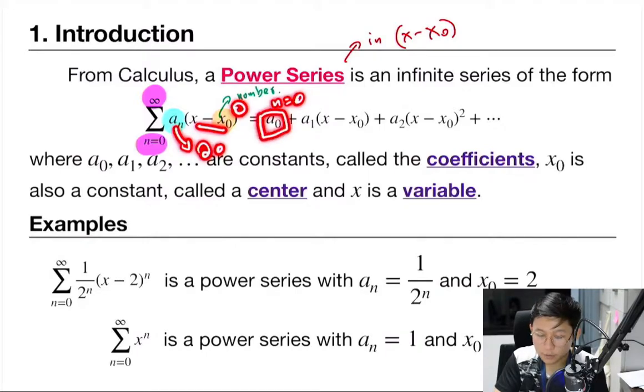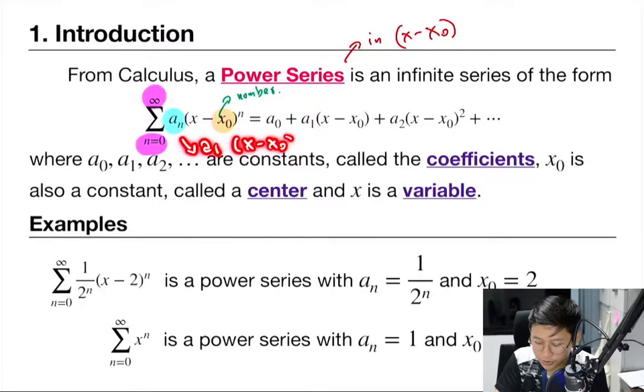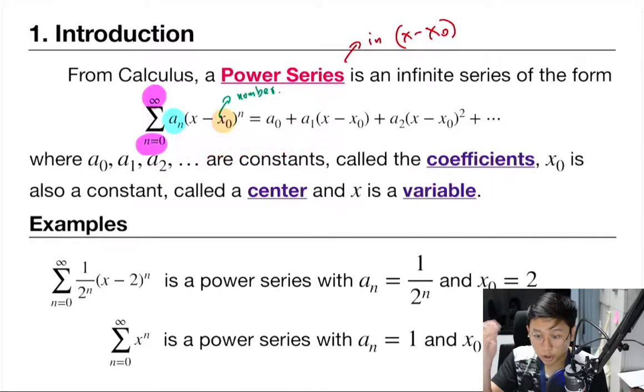That's why you have only a0 here. And when n is 1, you get a1 times (x minus x0) to the 1, which is this term, and so on. You get a2 (x minus x0) squared, a3 (x minus x0) cubed, a4 (x minus x0) to the 4, and so on.